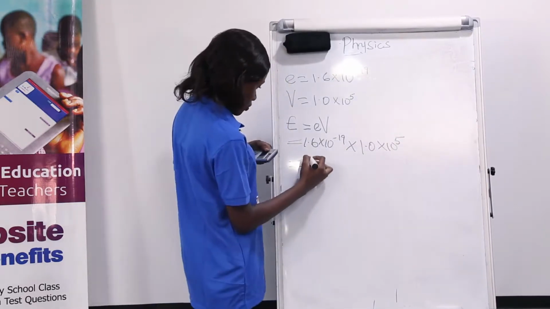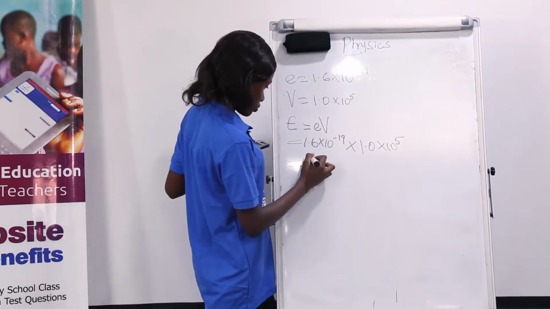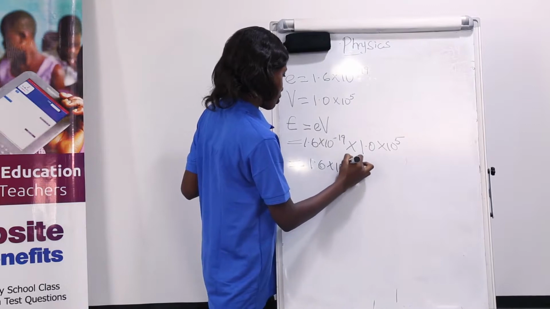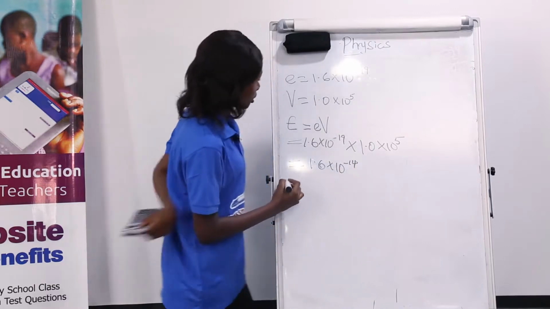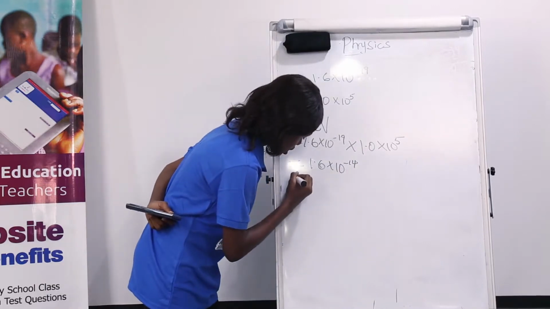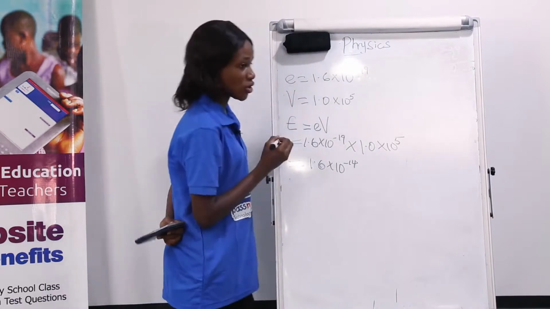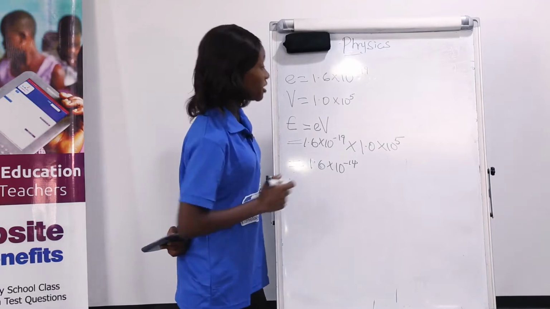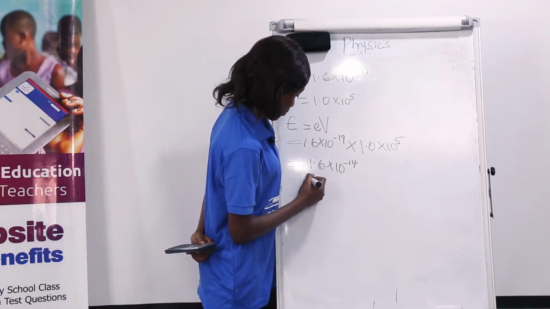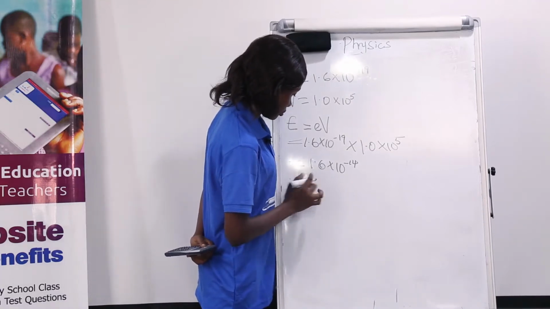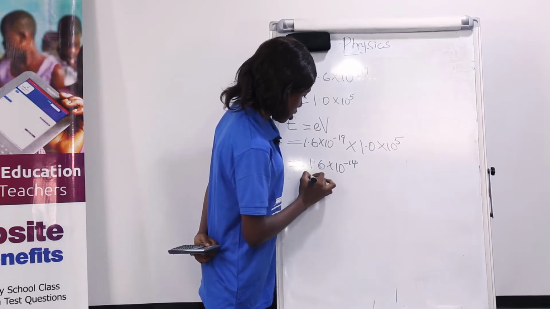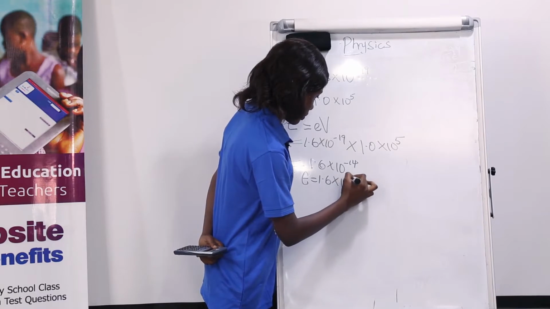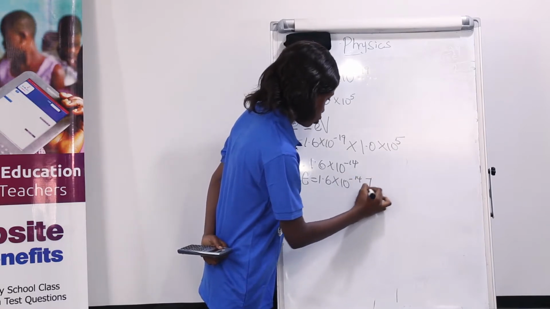We have 1.6 times 10 raised to the power minus 14. Therefore, the energy of the electron, E, is equal to 1.6 times 10 raised to the power minus 14 joules.